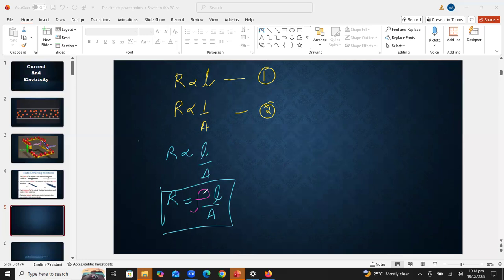This symbol is called resistivity. This letter is rho. It's a Greek letter, like omega, alpha, beta, gamma. But this symbol represents the resistivity of a conductor.